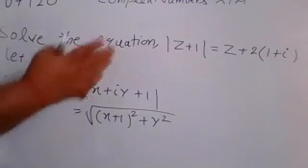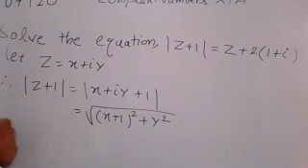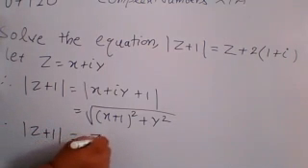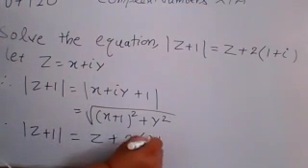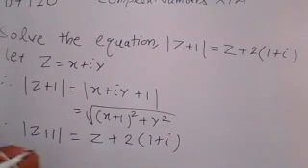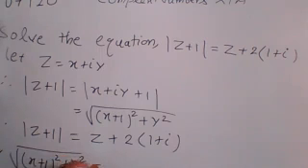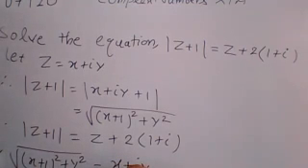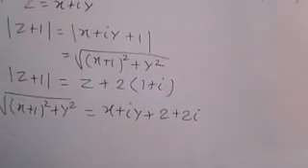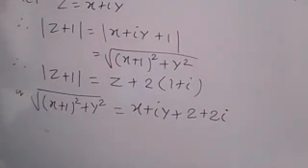Now using all those values in the given equation, you have mod of z plus 1 is equal to z plus 2 times of 1 plus i. Now putting its value, you have under root x plus 1 whole square plus y square is equal to z, where z is x plus iy, and multiplying, you have 2 plus 2i.